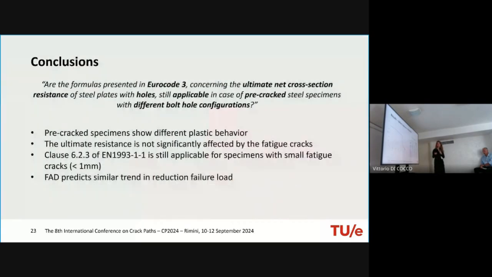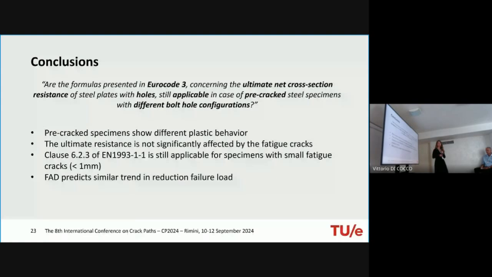So for the conclusions, we wanted to see if the ultimate net cross-sectional resistance of steel plates with bolt holes is still applicable when pre-cracks are present due to cyclic loading. We have several conclusions. Pre-cracked specimens do show differences in their plastic behavior, so it's less linear elastic than the non-pre-cracked specimens.